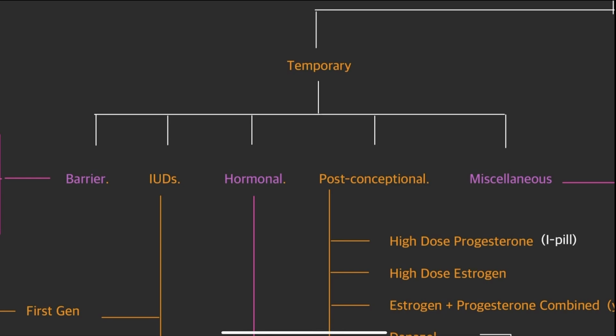You can remember this as Beam P. There was a cartoon named Chota Beam, and it was coming on the Pogo channel. So you can remember that as Beam P: barrier, hormonal, IUCD, miscellaneous, and P for Pogo. Okay, so five sub methods.